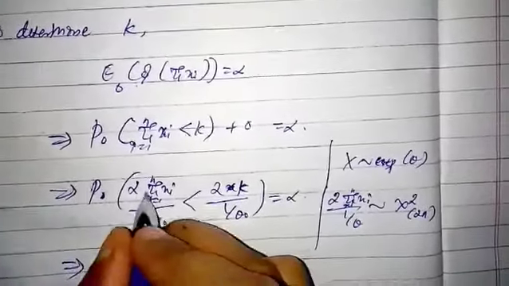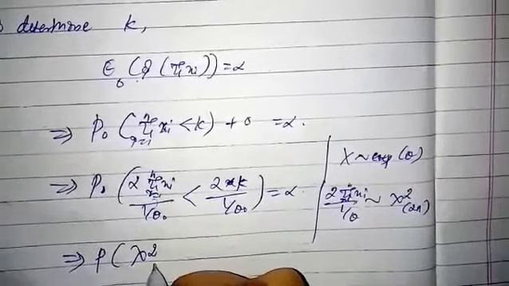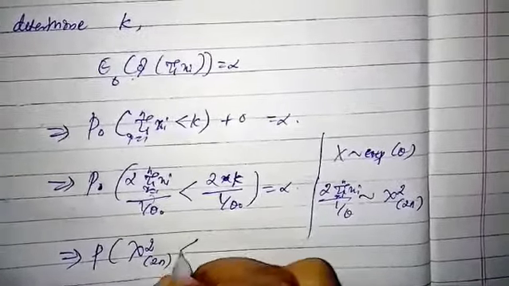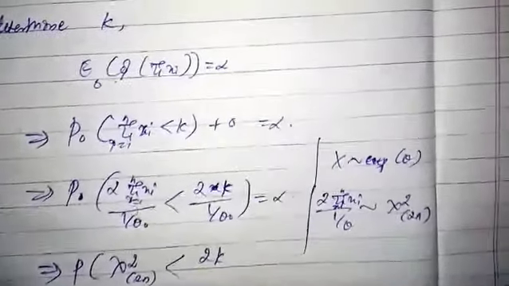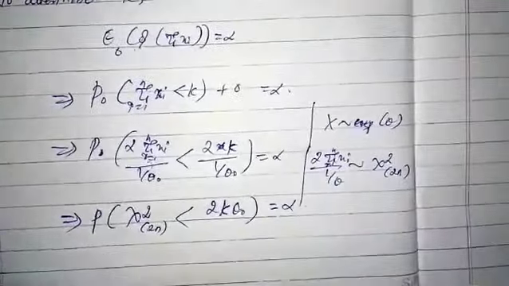Then this term is chi-square with 2n degrees of freedom, which is less than 2k theta naught, equal to alpha, right?